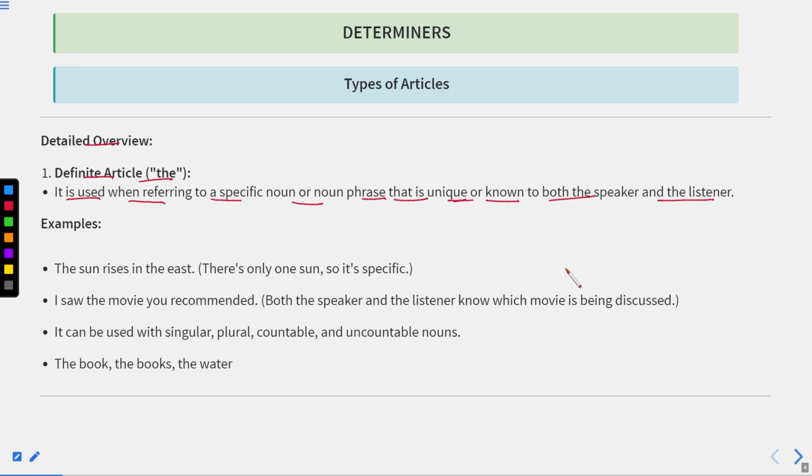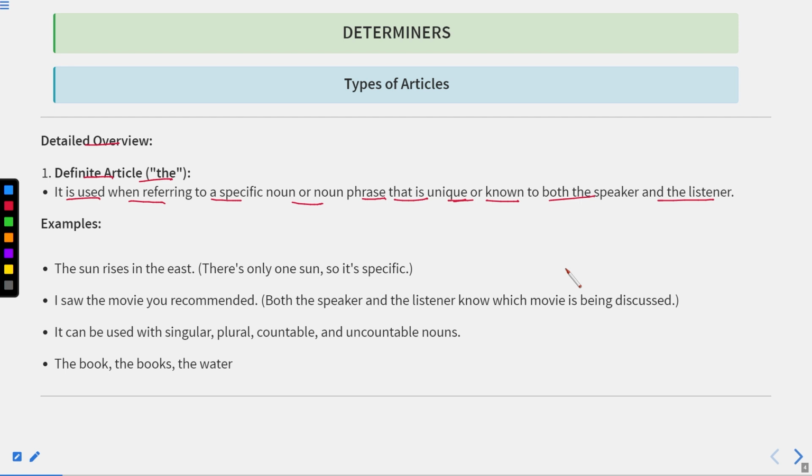For example, suppose I'm the speaker and there is another person who is the listener. I said, I saw that car today which you were telling me yesterday. So he will say, you saw the car, really? And I will say, yes, I saw the same car. So both of us are talking about the same car.